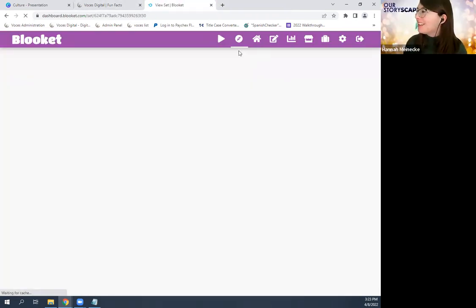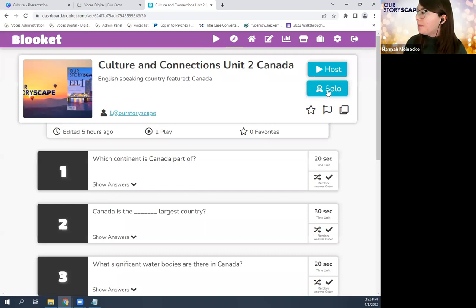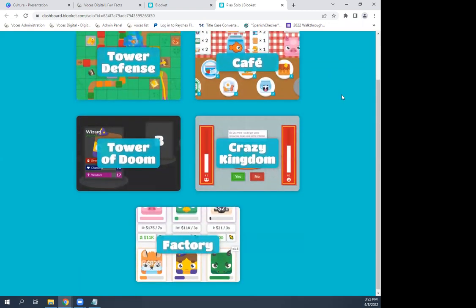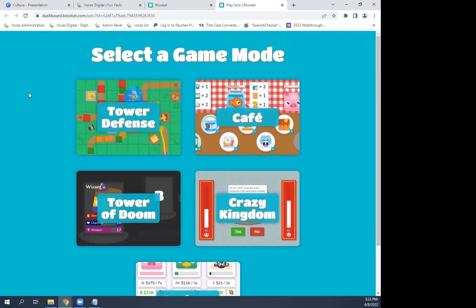Blooket is a very popular app that teachers in the United States are using. It was pretty new to me before I discovered it. Now we love it, so we're going to play it.